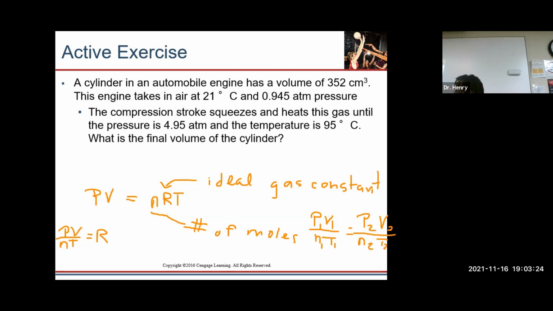So what am I going to do? Write down my givens. Okay, so let's go ahead and do that. Our V1 is 352 cubic centimeters.